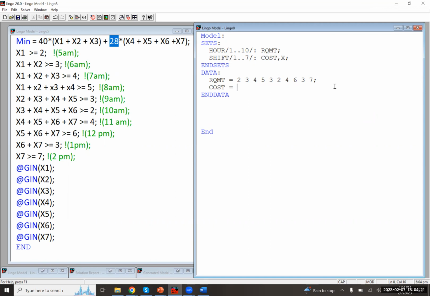So we need to provide 7 different values for the cost, because we defined here that each attribute, cost and X, will take 7 different values, right? So make sure you provide them, not like this, okay? 40, 40, 40, and then 28, 28, 28. And don't forget the semicolon, okay?